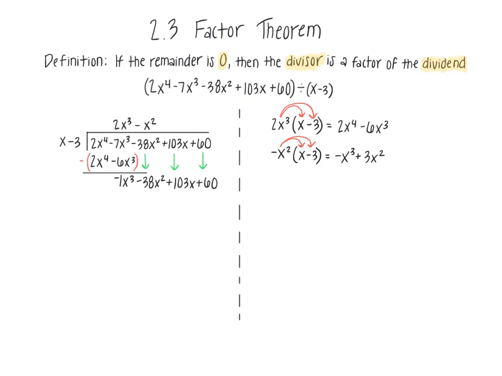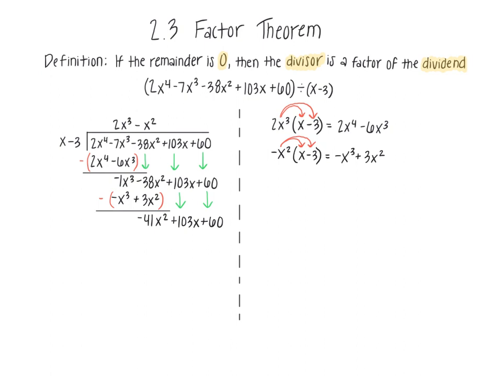And again, we subtract that from the dividend, so -x^3 + 3x^2. I'm going to place that inside of parentheses. So minus a negative is actually addition, so my first terms cancel again. My second term, -38x^2 minus 3x^2, now becomes -41x^2, and I'm going to bring down the rest of the terms, +103x + 60.